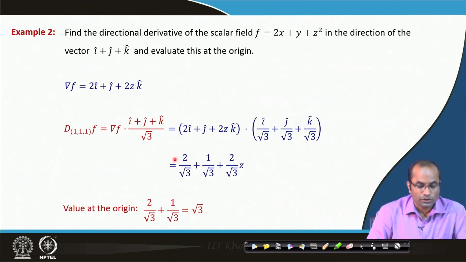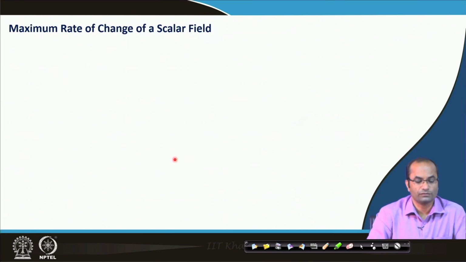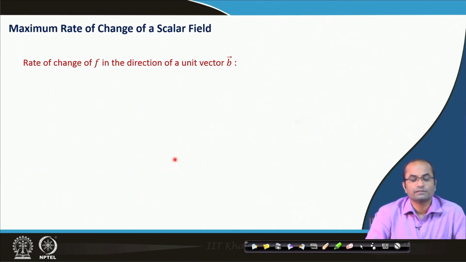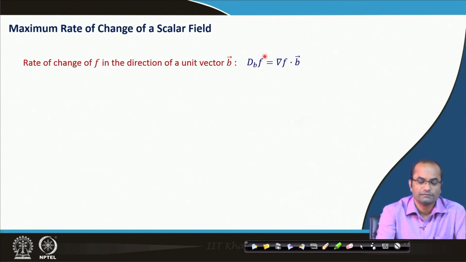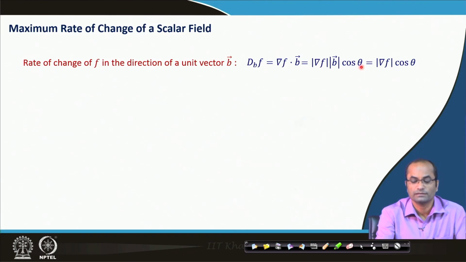Okay. So, now we want to get the maximum rate of change of a scalar function, and the directional derivative plays an important role here. The rate of change of f in the direction of a unit vector b is given by this directional derivative, which is precisely how we define it. And this dot product is the magnitude of del f, magnitude of b and cos theta.